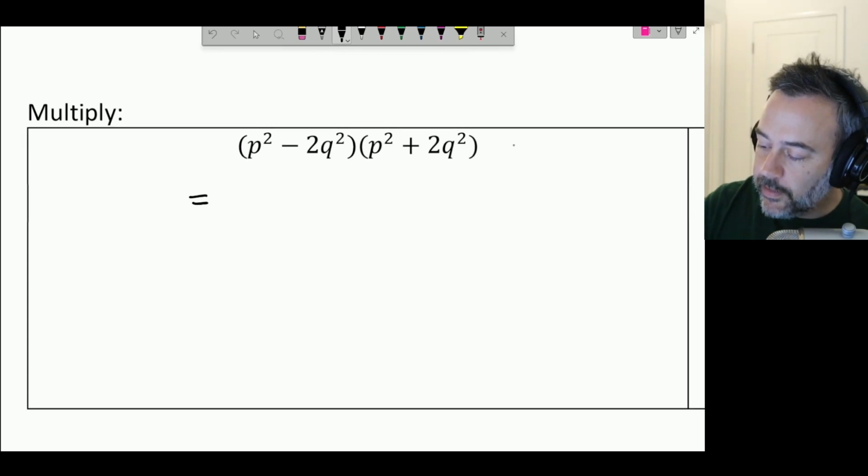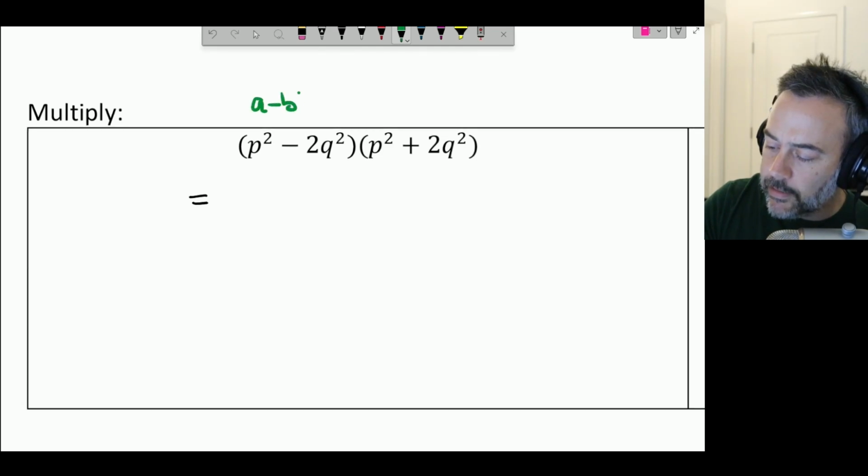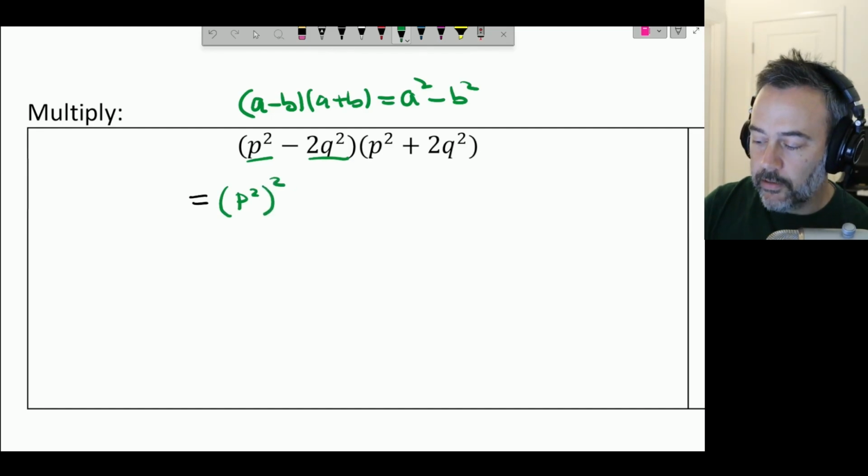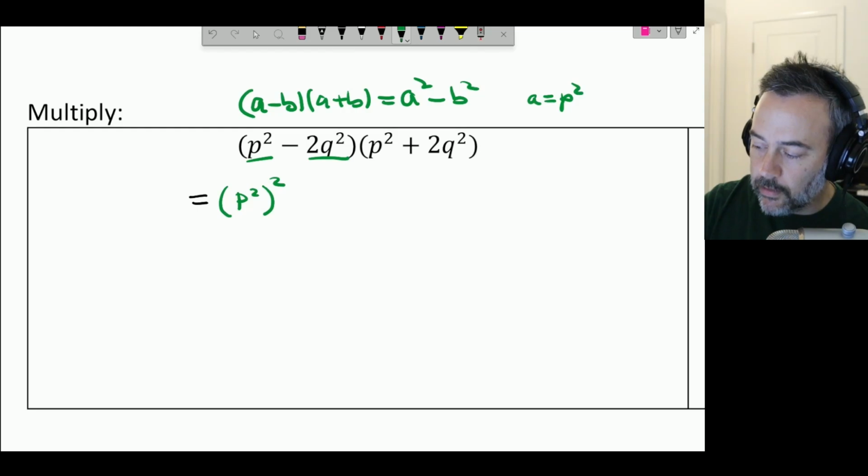This is the situation that's of the form (A minus B) times (A plus B) is equal to A squared minus B squared. And A is p squared and B is 2q squared. So this is going to be (p squared) squared, because A is p squared, B is 2q squared.